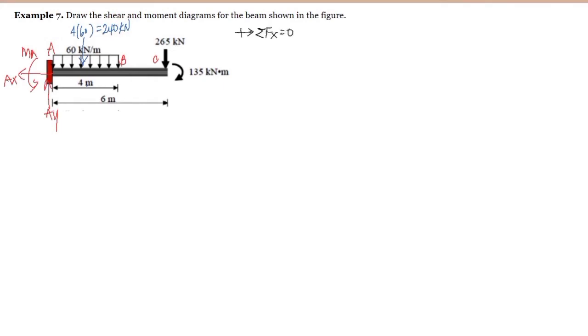If we are going to summate forces horizontal is equal to 0, taking the direction to the right as positive, then we have here AX is equal to 0 because there is no horizontal load. And summation of moment at point A is equal to 0, taking the clockwise direction as positive.